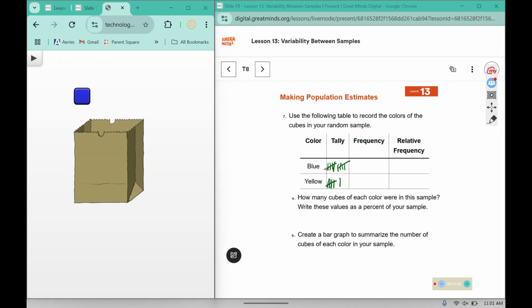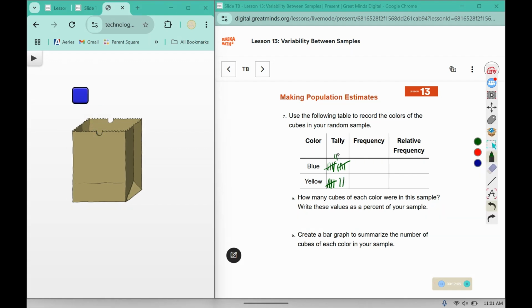I've done 16 so far, so I need 4 more. Blue, blue, yellow, and blue. So I had 13 blues and 7 yellows.